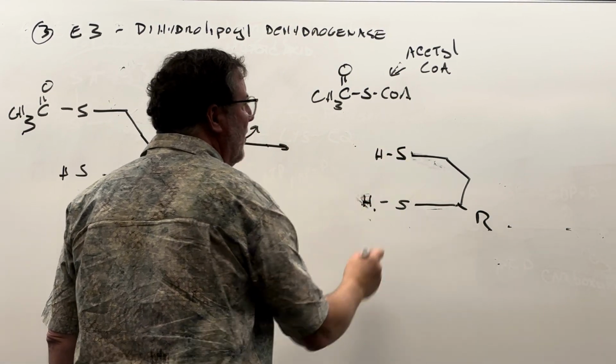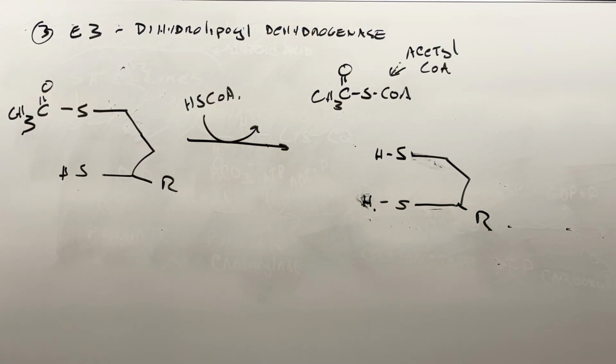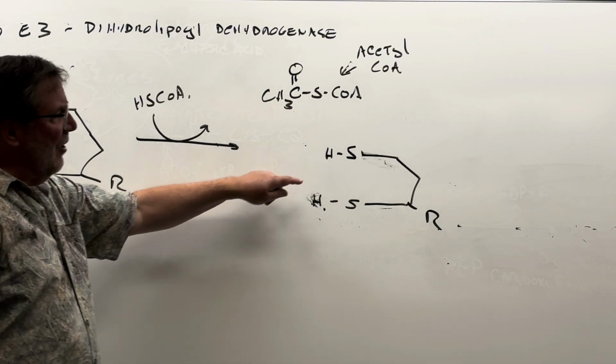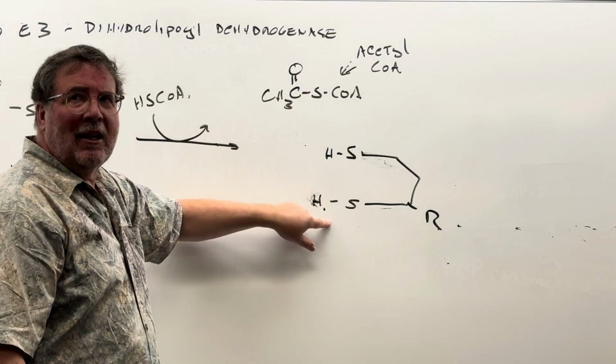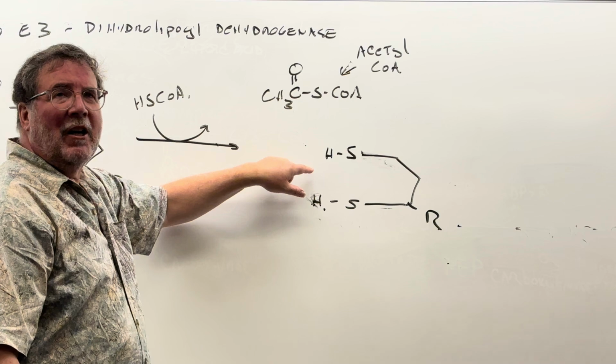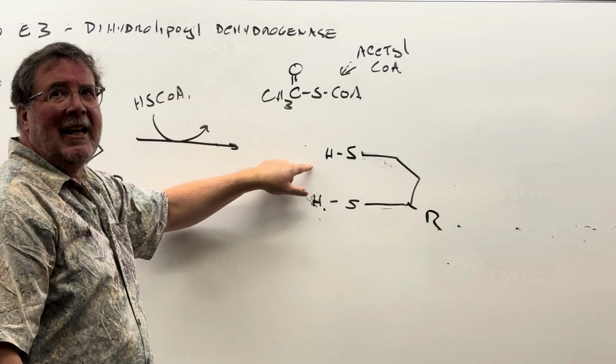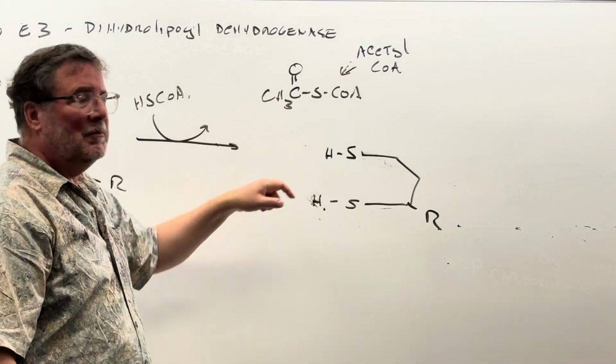So this would be a dihydrolipoic acid here. Again, this is still bonded to E2, but E3 is catalyzing this. So the next step is we want to take this in its reduced form. These are high energy electrons. What we're going to do is transfer those ultimately to NAD to make NADH.